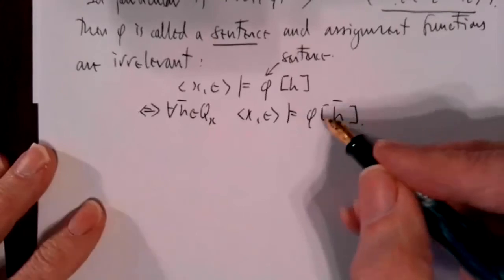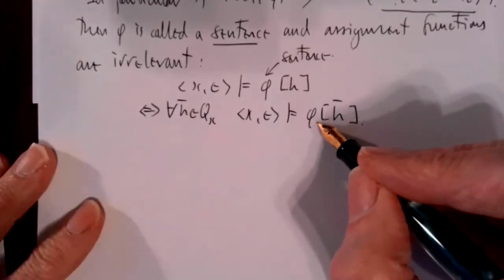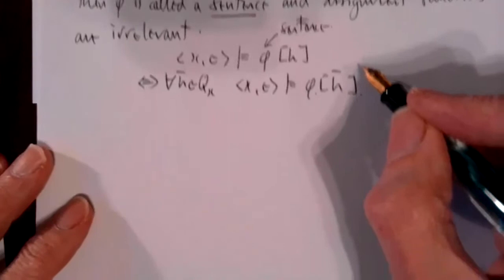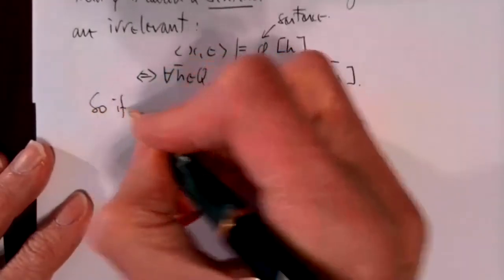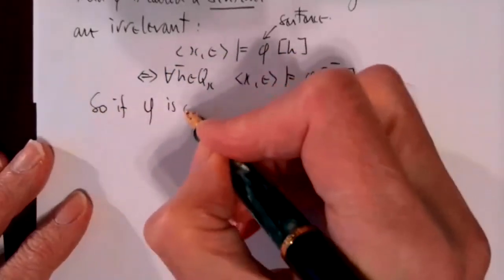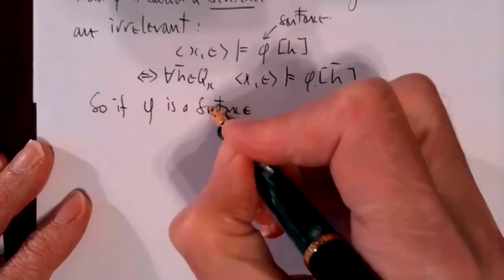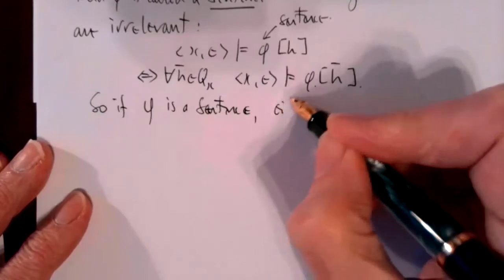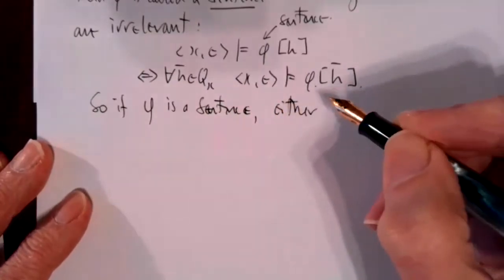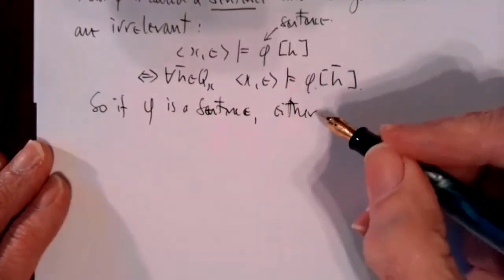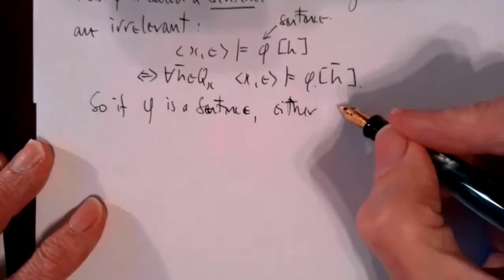So in the case of sentences, we don't bother writing assignment functions. So phi is a sentence. We're just dealing with classical logic, right? Either phi is true or false in the structure.